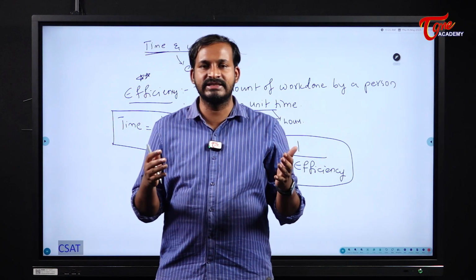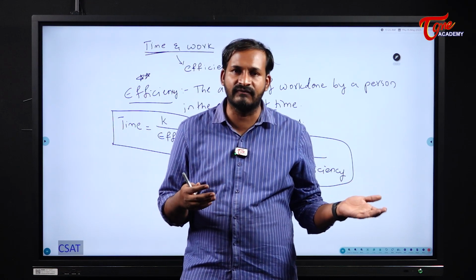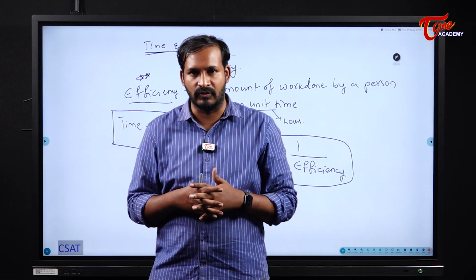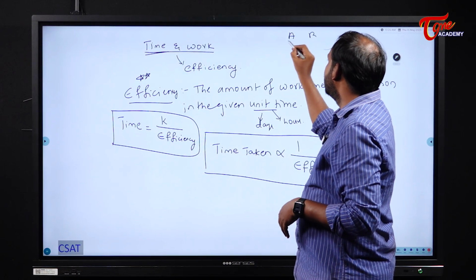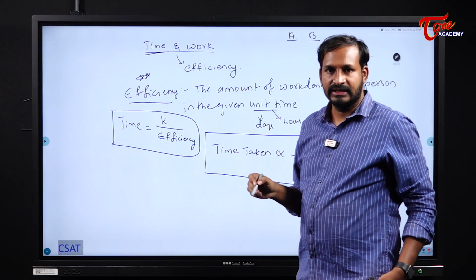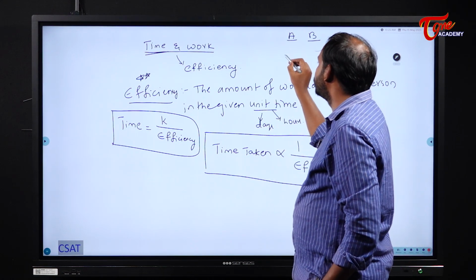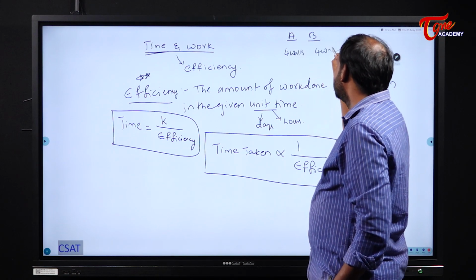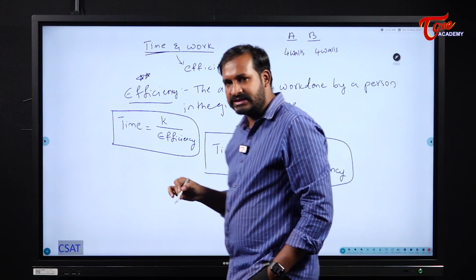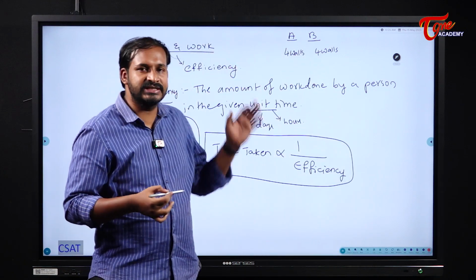Whoever finishes the work first, I can say his efficiency is more. For example, if there are two persons A and B, the task I will give them is to build 4 walls for A and 4 walls for B. And whoever finishes the work first, I can say his efficiency is more.